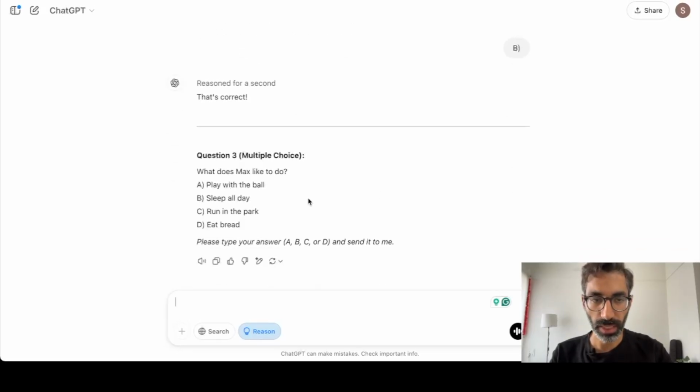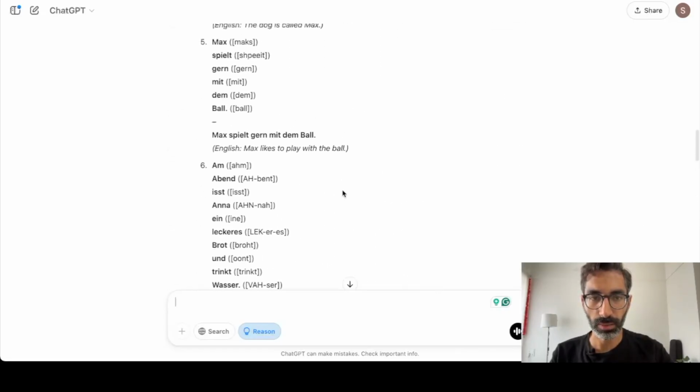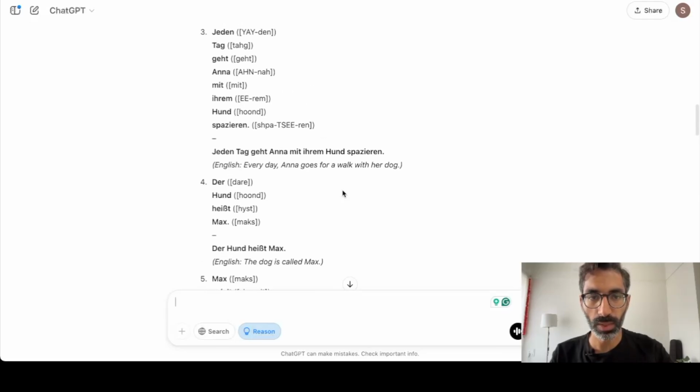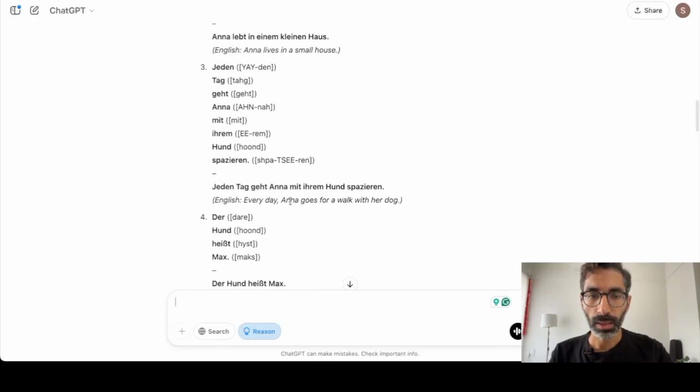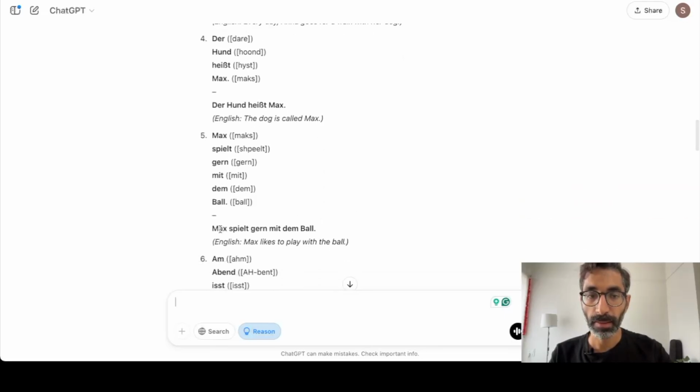It's absolutely correct. What does Max like to do? Let's go back to the story and see. Every day, jeden Tag geht Anna mit ihrem Hund spazieren. So we know that every day Anna is going for a walk with her dog. Der Hund heißt Max, the dog is called Max. Max spielt gern mit dem Ball.